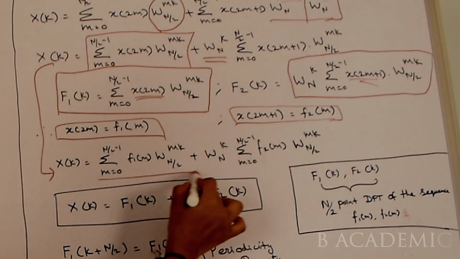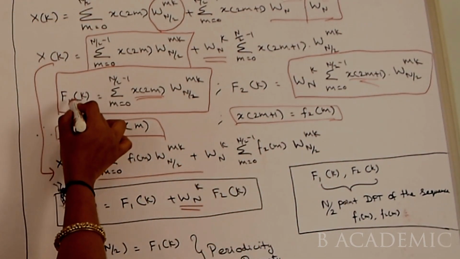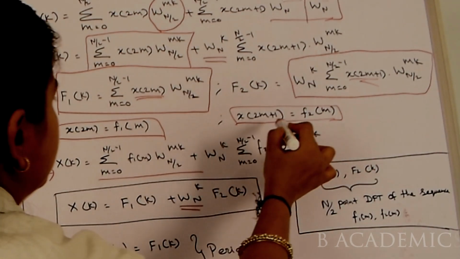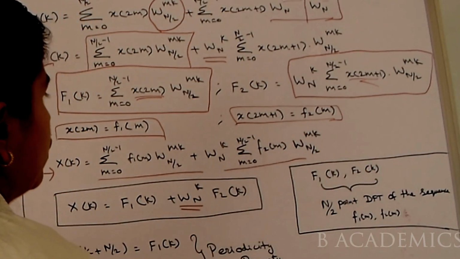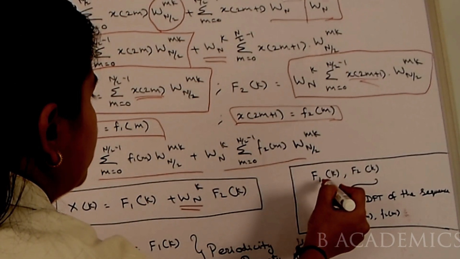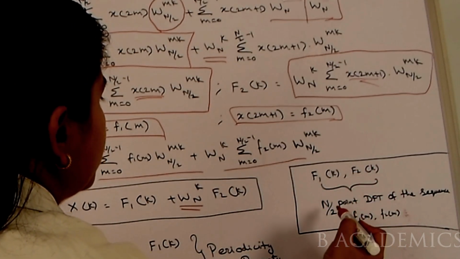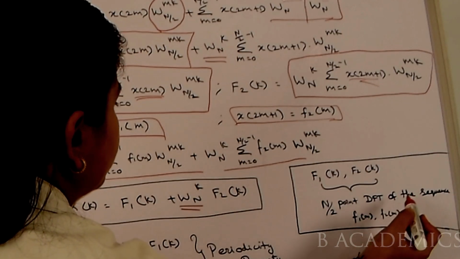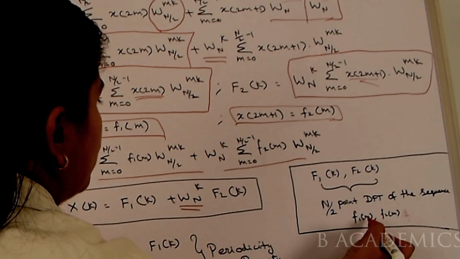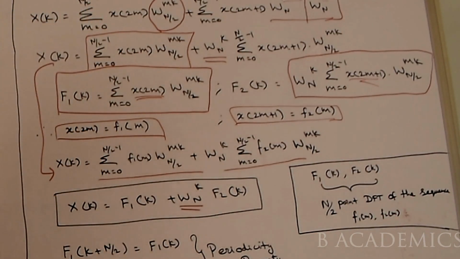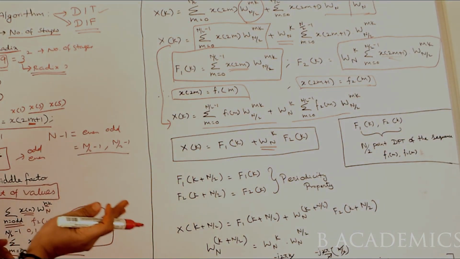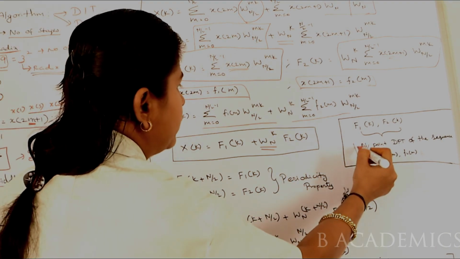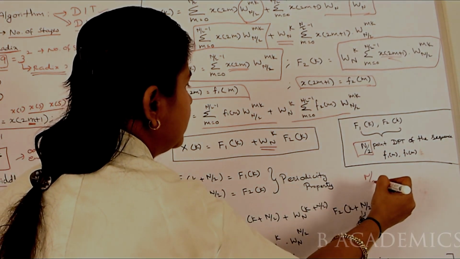So this is a function of k, capital F of f1 of k, and this is also a function of k, f2 of k. Whereas your f1 of k and f2 of k are the n by 2 point DFT of the sequences f1 of m and f2 of m. And this is for one half of the sequence, which is n by 2. You have to find out the other half.